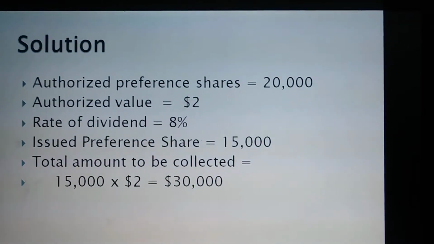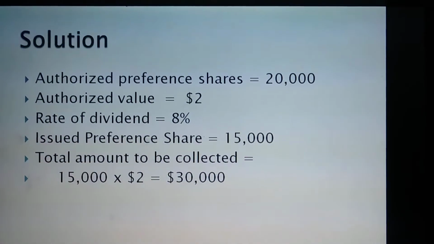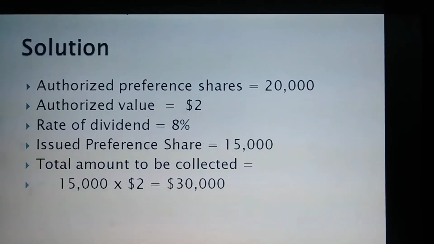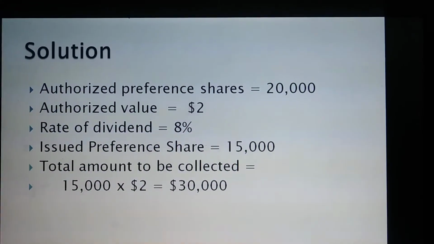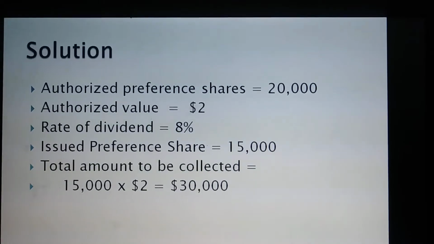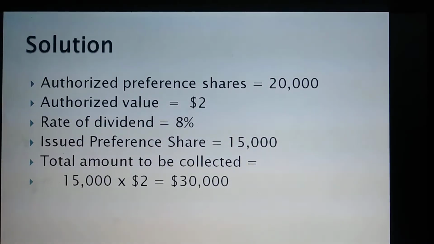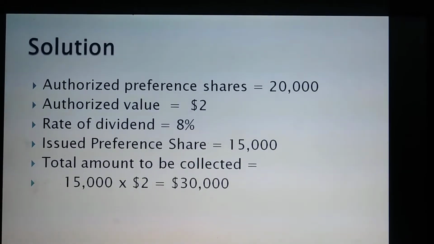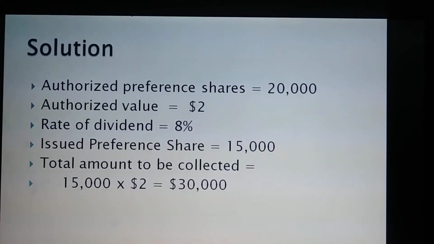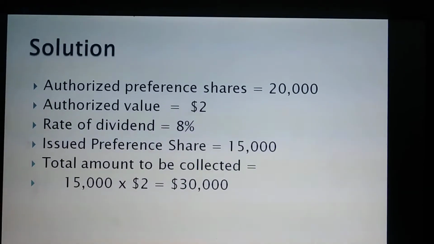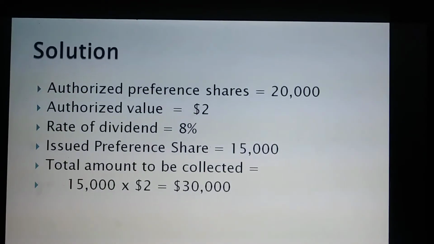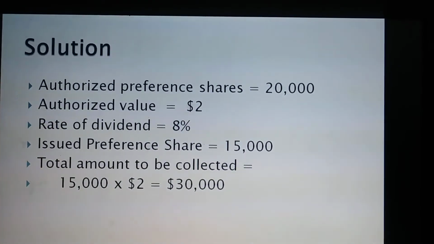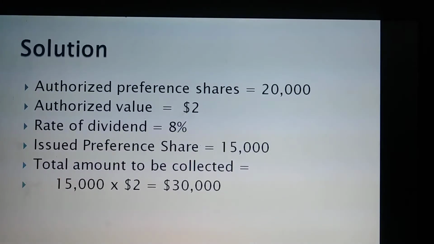Again, we need to separate. So the authorized preference shares, we are breaking them down into the different values and the different types. So the authorized preference shares amounts to 20,000. What is the authorized value? Which is the face value? Which is the nominal value? $2. Yes.